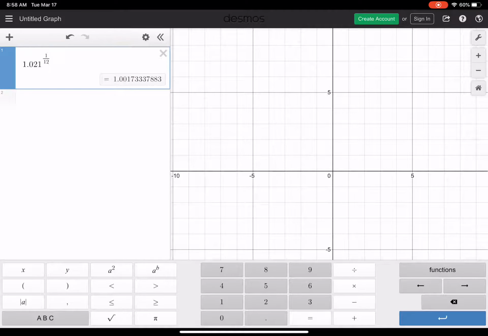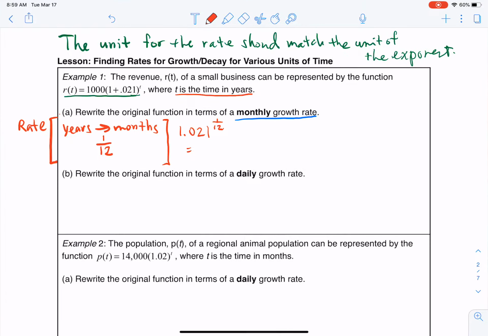We do get a pretty lengthy decimal, and I'm going to record everything in that decimal up to the 8. So our new rate is 1.001733378. Again, pretty lengthy, but I'm going to record all of it.